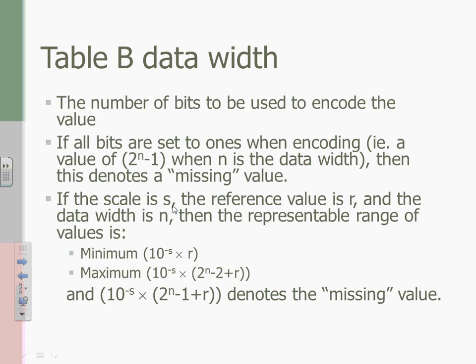If the scale is S, the reference value is R, and the data width is N, then the representable range of values is minimum to maximum, and this denotes the missing value. You will understand this after some calculation.